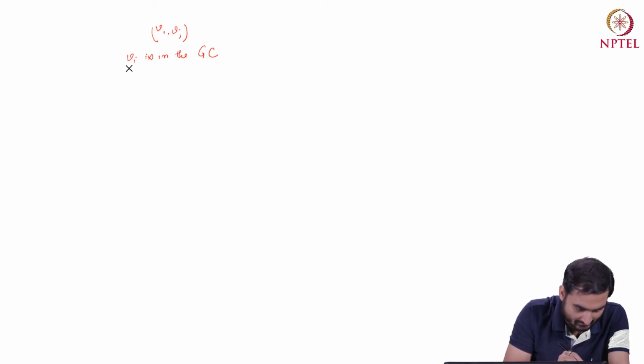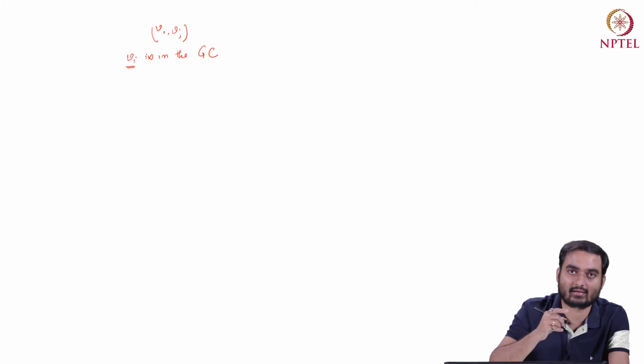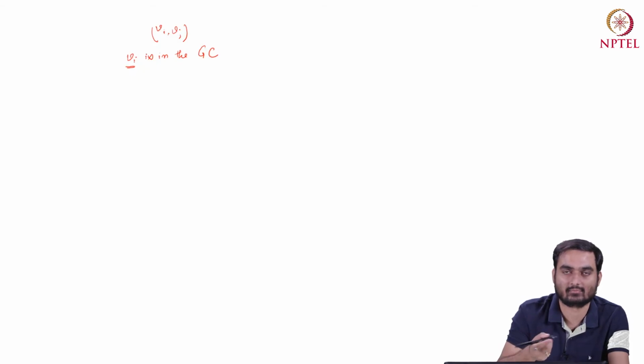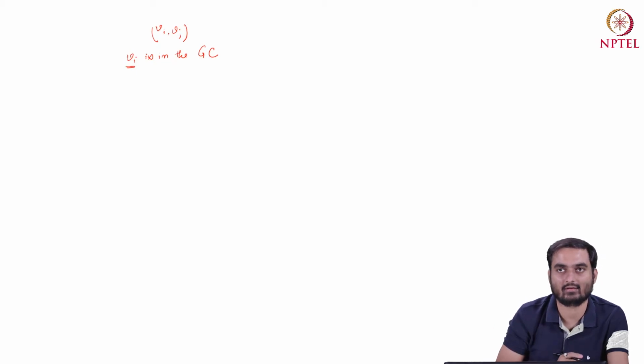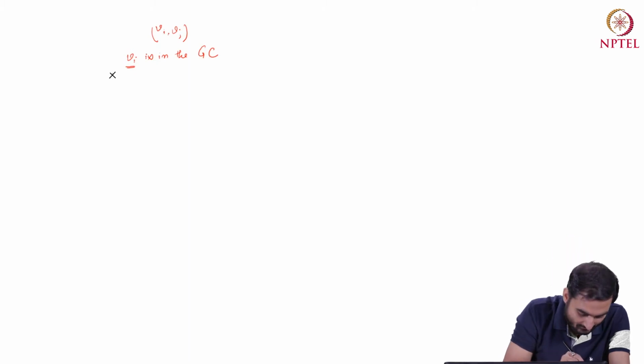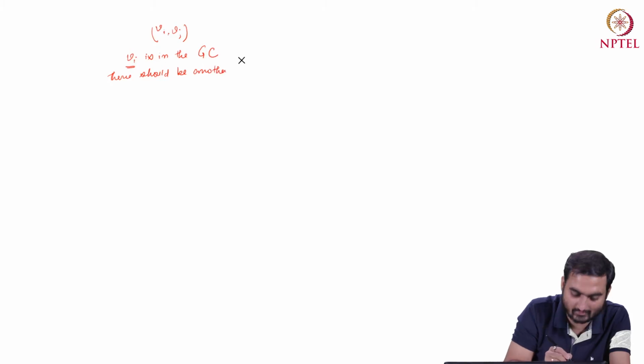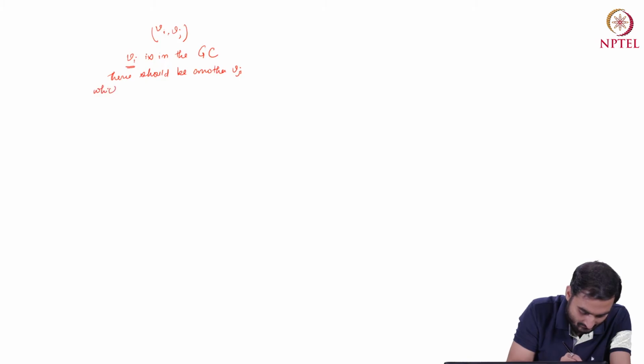If Vi is in the giant component, then Vi should be connected to at least one node in the giant component, because a giant component is a connected component: all the nodes are connected, not directly but at least indirectly. There is always a finite path between a pair of nodes. So there should be at least another node Vj which is connected to Vi.